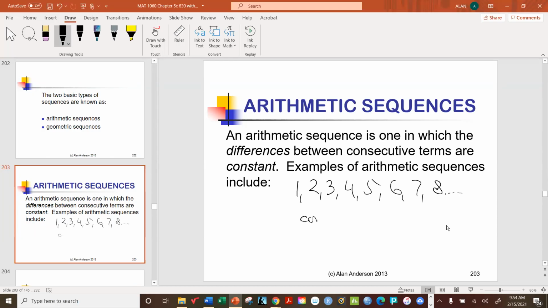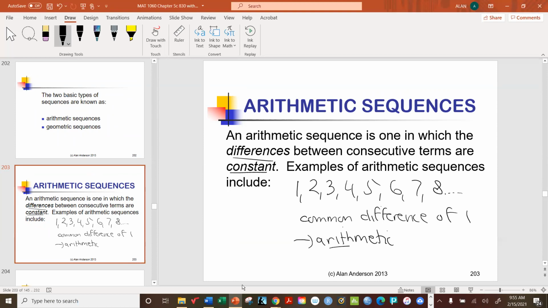So here we have a common difference of 1. In other words, in order to go from one term to the next, all I did was add 1 in each case, and that never changes. So we have constant differences, and therefore, this is an arithmetic sequence.